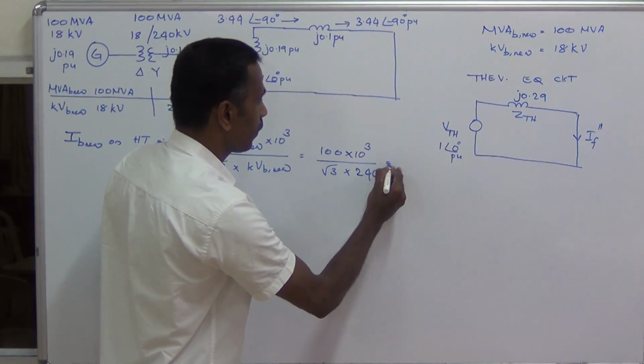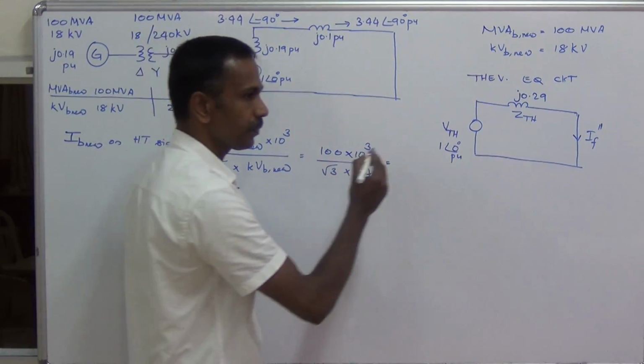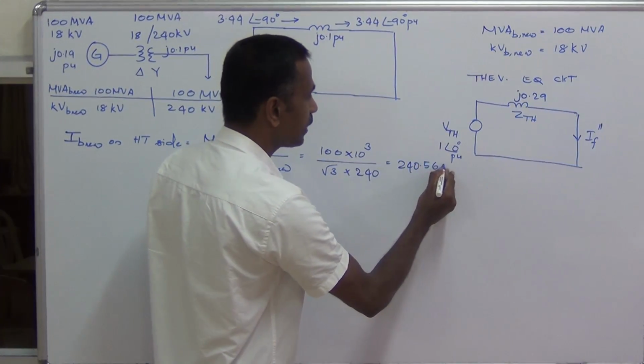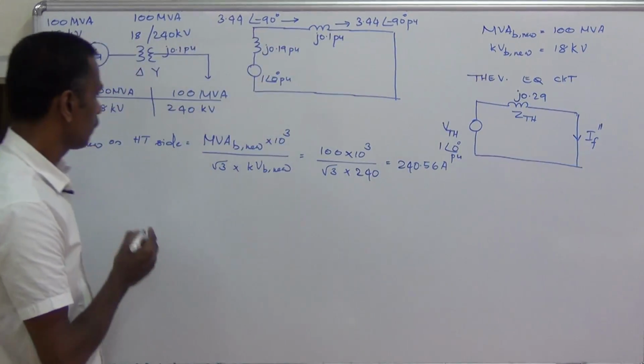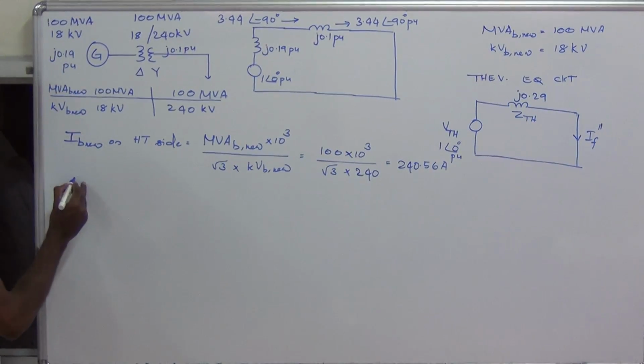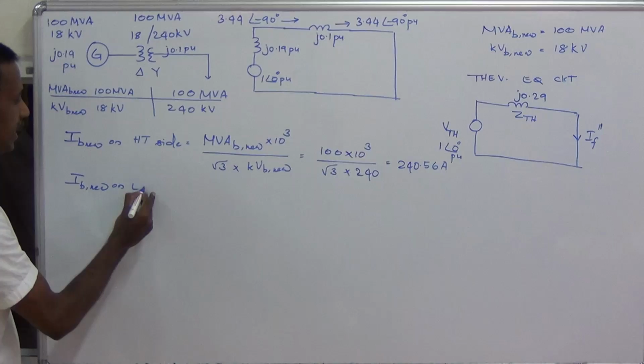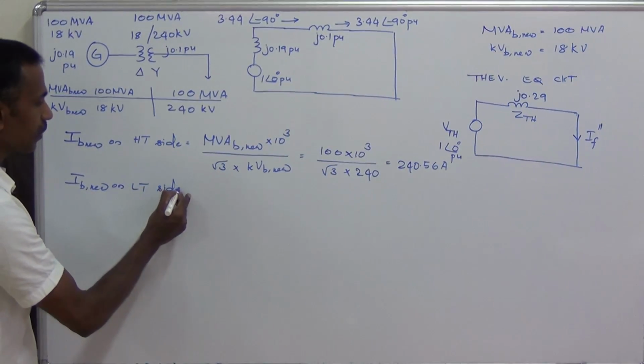And this is equal to 240.56 amperes. Now let us find out IB new, the base current on the LT side, the low tension side.